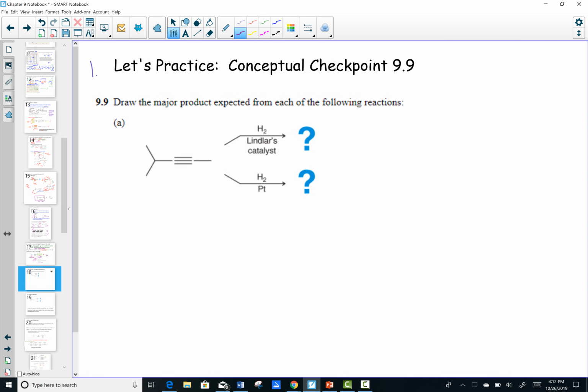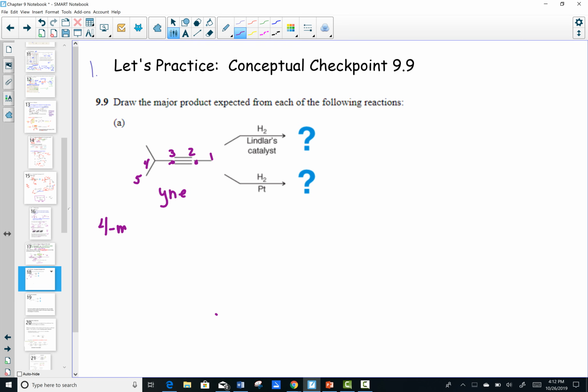Let's try it. This is coming from your homework. It's called conceptual checkpoint 9.9. Draw the major products expected from each of the following reactions. So notice here we have a triple bond. This is a yne product. 1, 2, 3, 4, 5 carbons in the longest carbon chain.